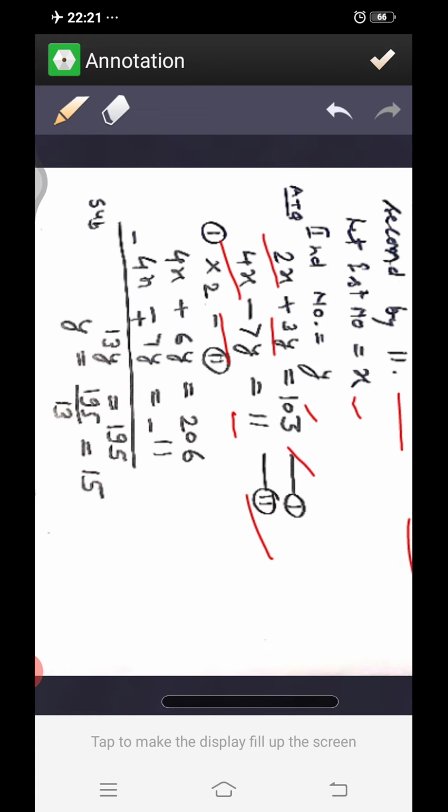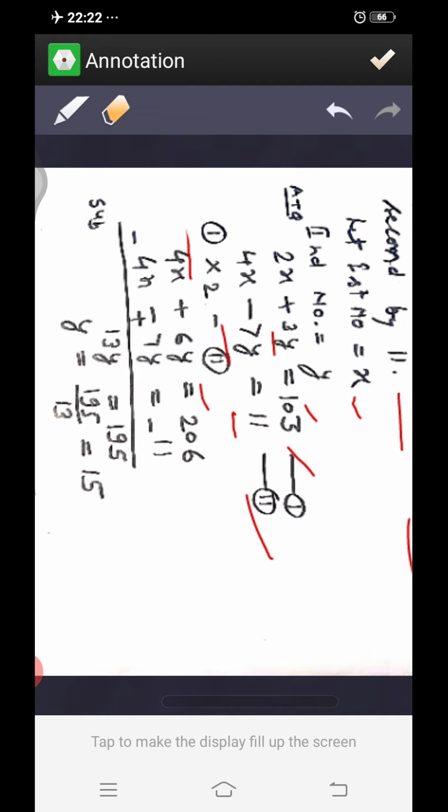Now we can see here the x part is 2x and in the other it is 4x. If we want to eliminate, we can multiply equation number first by 2. So we multiply the first equation by 2 and subtract the second equation, because both have the same sign, positive. 2x and 4x are both positive.